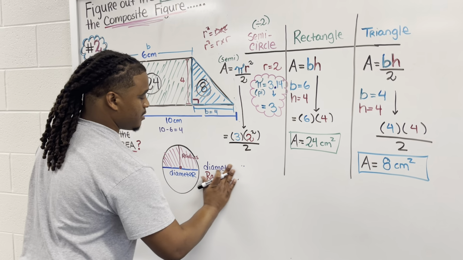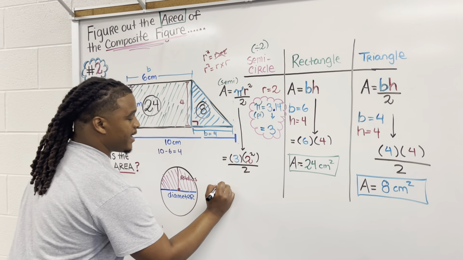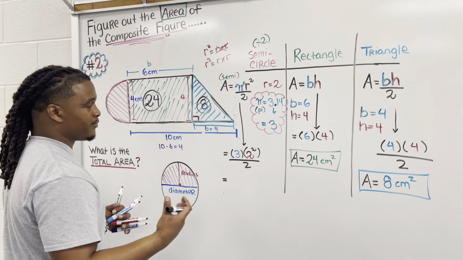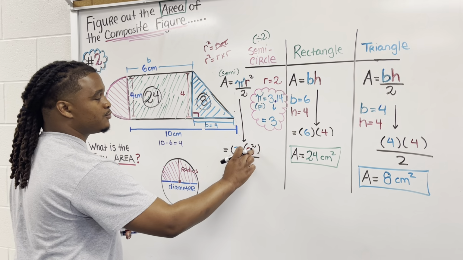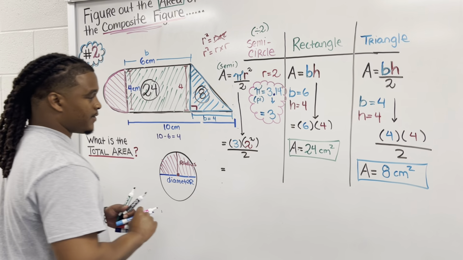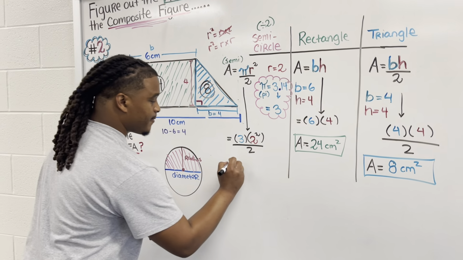All right. Once again, we already know that the radius is 2, so I can erase that part. All right, let's do, of course, order of operations, PEMDAS, right? Parentheses, and then exponents. 2 times 2, or 2 to the second power, is 4, right? So we're going to have 3 times 4.